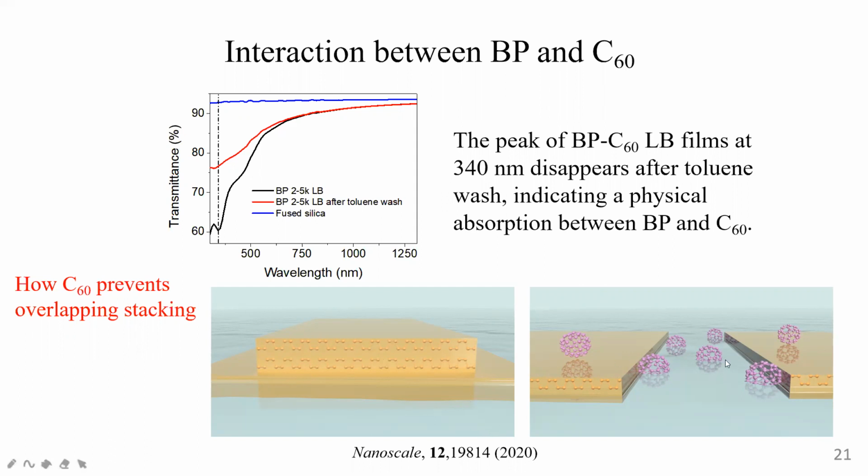If fullerene is added to the black phosphorus, the fullerene within or on the black phosphorus would prevent the overlap when the nanomaterial is compressed, since we need to compress the barrier to bring the nanomaterial closer. So the fullerene prevents the overlapping.